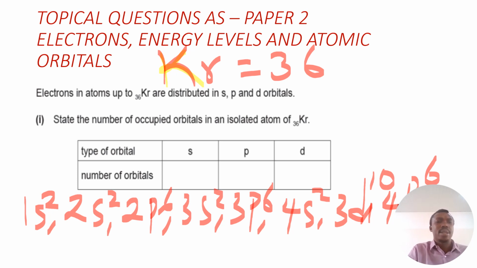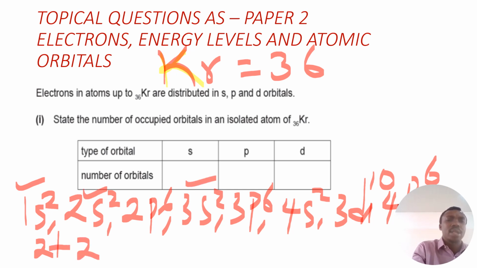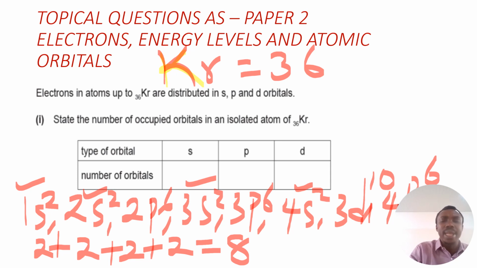Type of orbital s. For the number of orbitals, first we need to look at the number of electrons on the s orbital. So we'll have 2 plus 2, plus another 2, then plus another 2. So the total number of electrons on the s orbital is equal to 8.